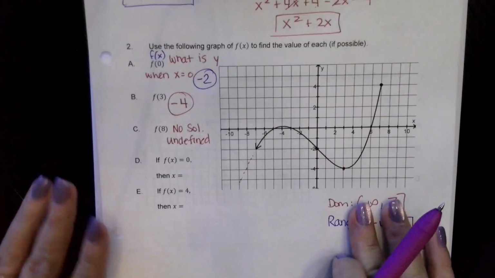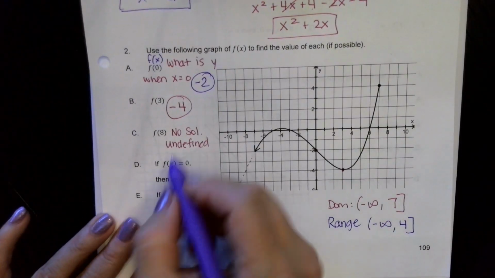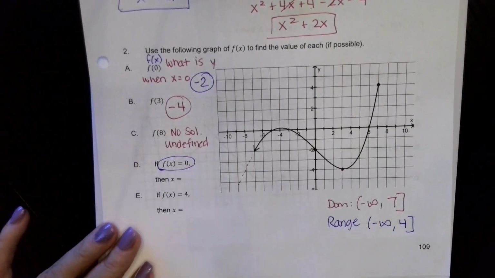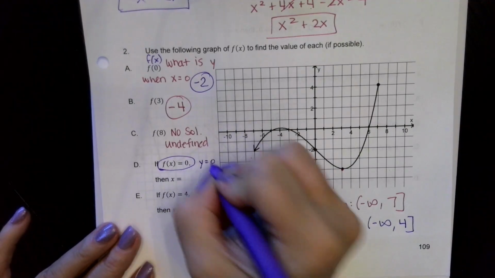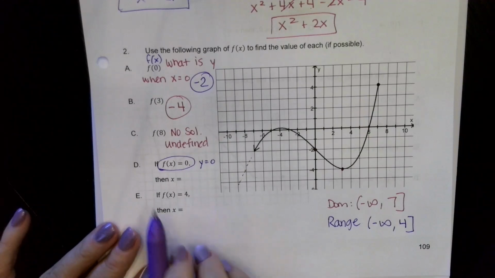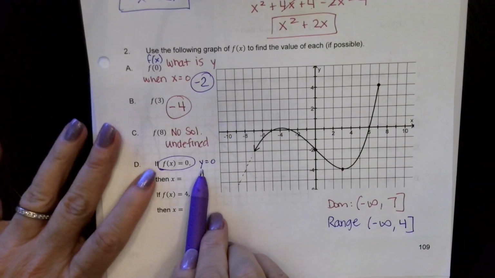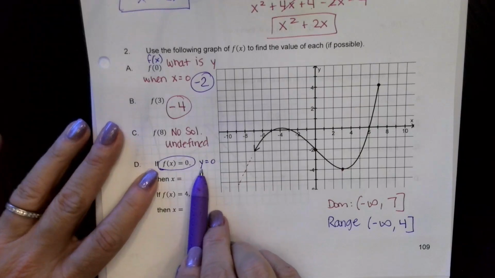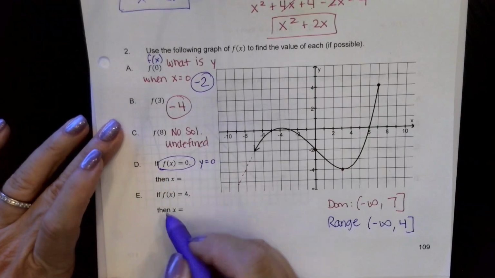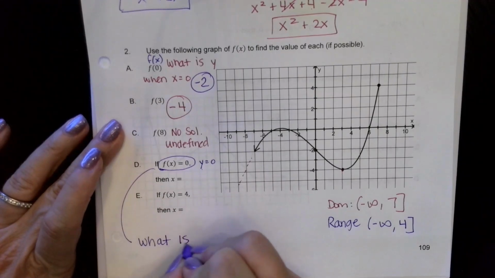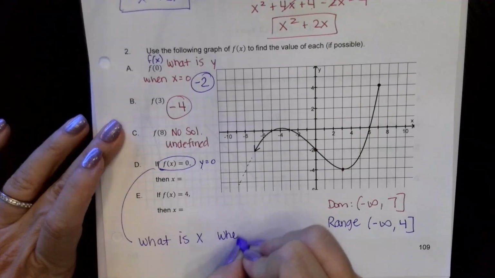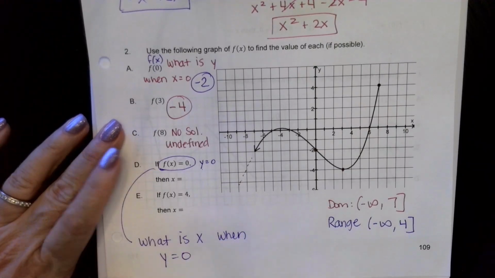Okay? Now this one is a little bit different. This says f of x equals 0. This is the same thing as saying y equals 0, right? We know f of x and y are the same thing. So if I want to know when f of x equals 0, what this is saying is, what is x when y equals 0?